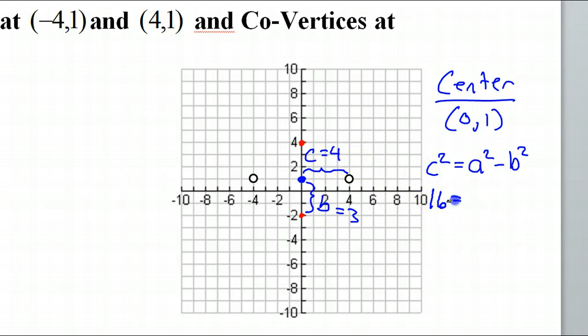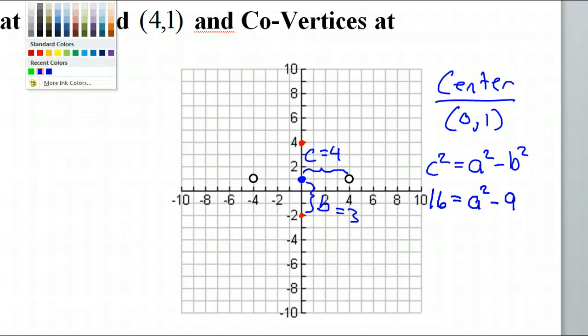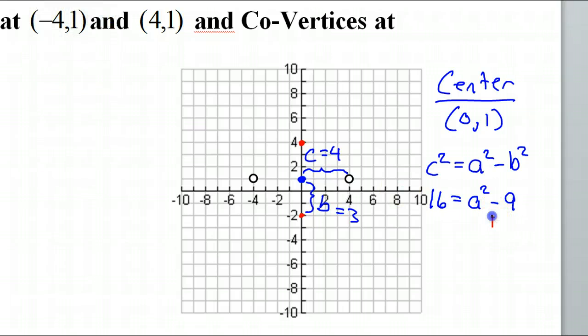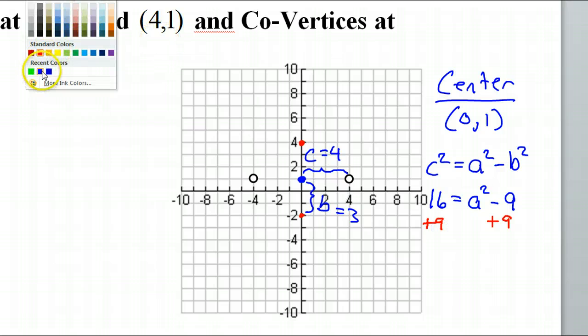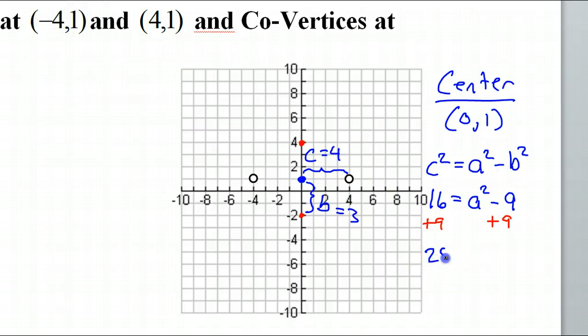So 16 is equal to A squared, we don't know the A yet, minus B squared, which is 9. So if I were to add 9 to both sides, that'll give me 25 is equal to A squared. Taking the square root of both sides gives me A is 5.